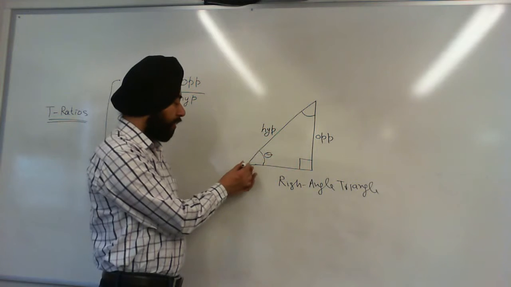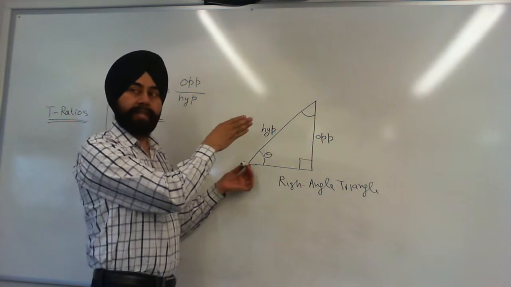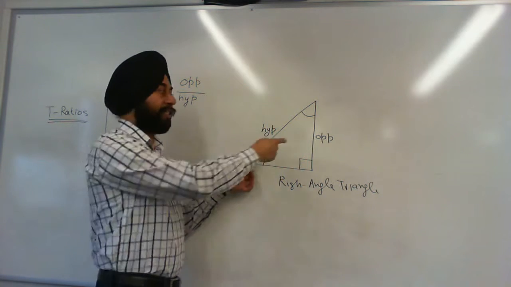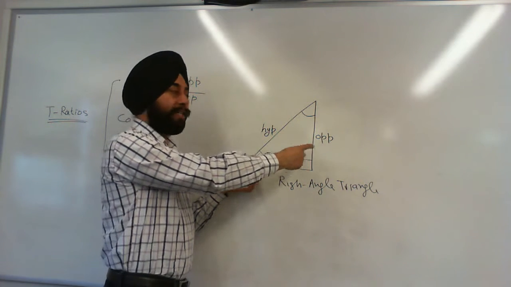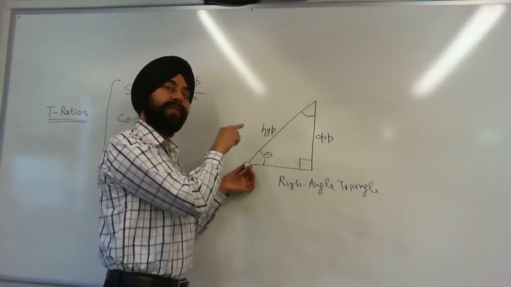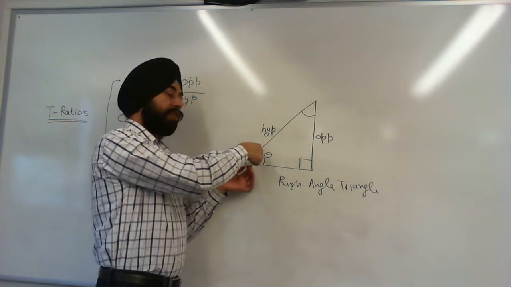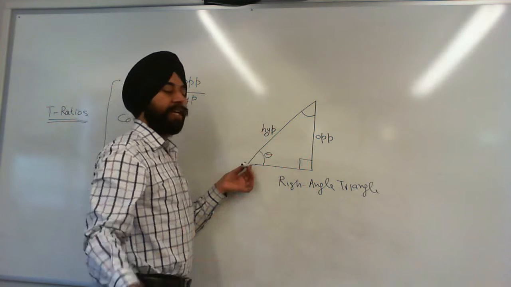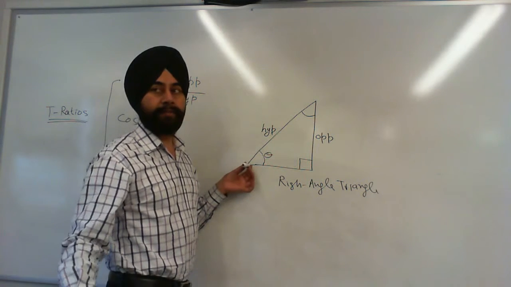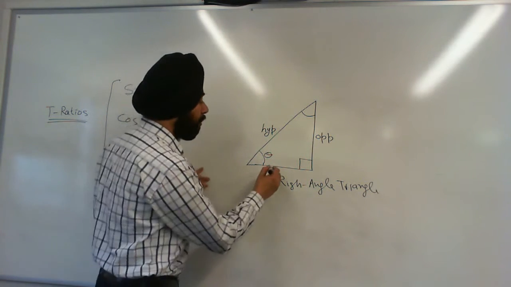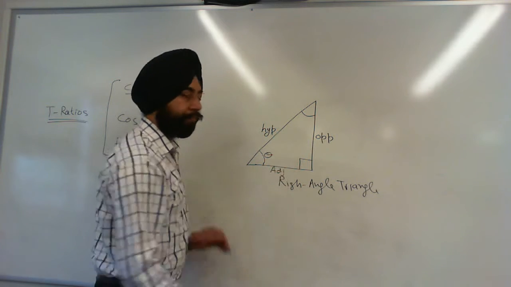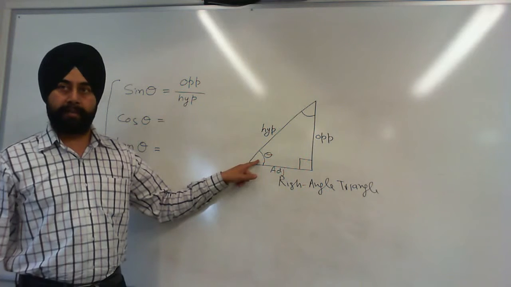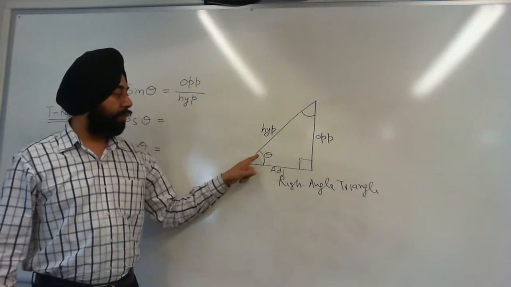Let us say you're standing here looking towards the triangle. Which side is in front of you? That side, right? That's why this side is called opposite, because this is opposite this angle. And the side that is right next to you, that is just beside you, that side is called the adjacent. So this side is adjacent for this angle, and that side is opposite for this angle.